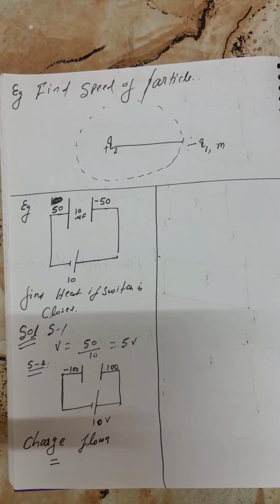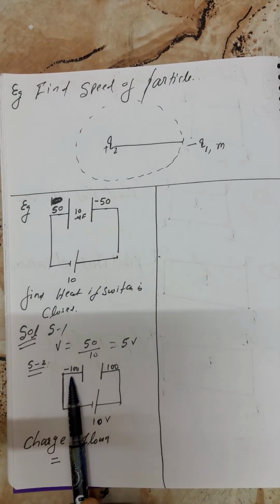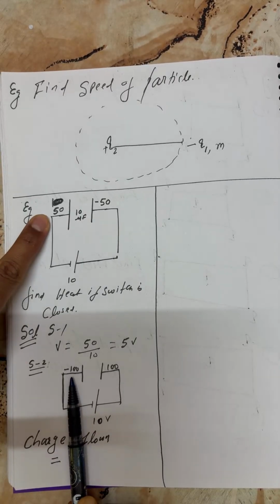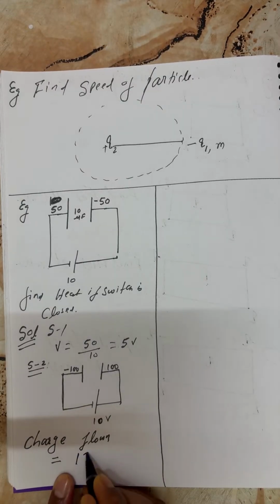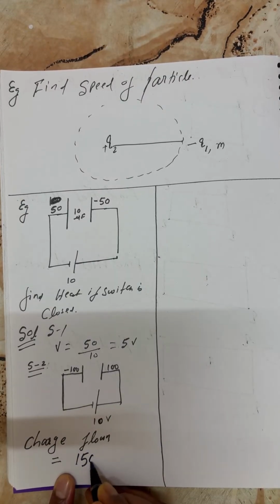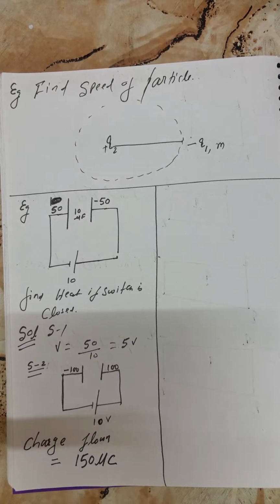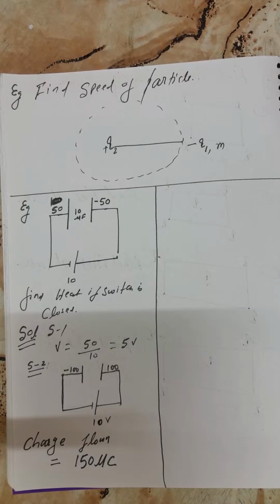If charge decreases, so I can say initial minus final. So what is charge flow here? Which is equals to 150 microcoulomb.